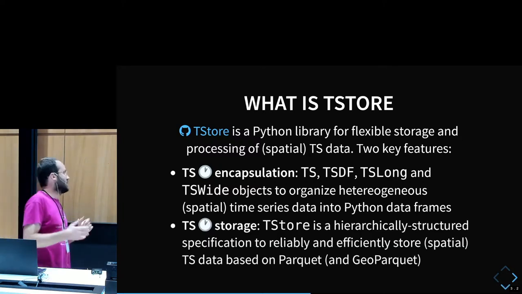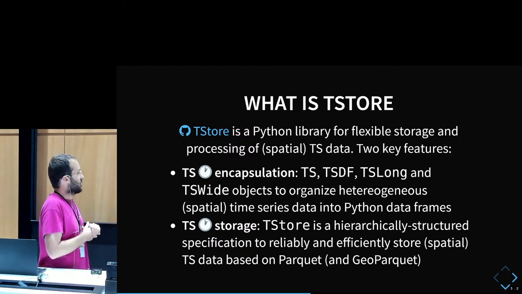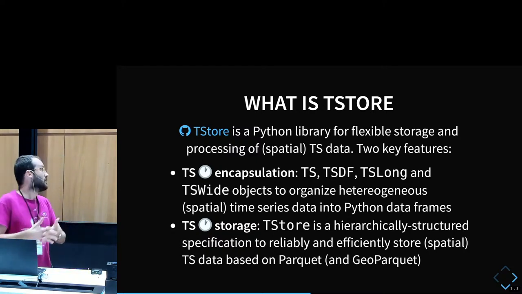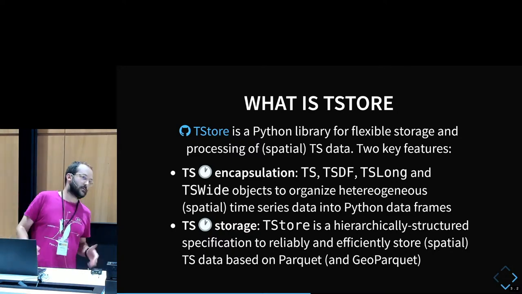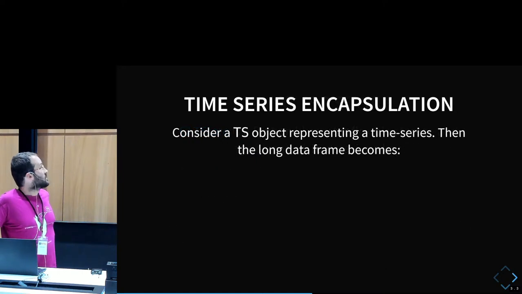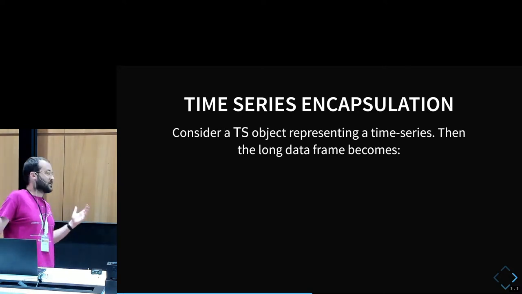And the other part is the storage, which is called the TSStore, like the package. And it's a specification to store the spatial time series data based on Parquet, and if there's geospatial information, GeoParquet as well.